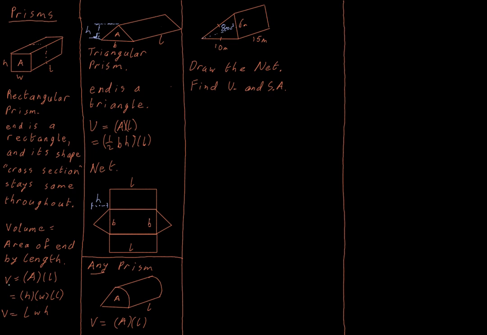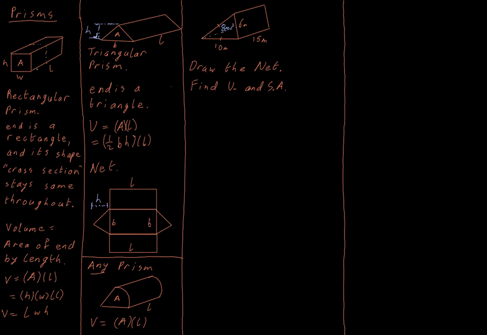So if we work this out, we have the volume should be equal to the area of the end multiplied by the length. Well, the area of the end is the height by the width, because this is just a rectangle. We multiply the lengths together to get the area of the rectangle, and then we multiply by the length. Well, now we have height by width by length, and just rearranging, we end up with the volume of our rectangular prism is length by width by height.